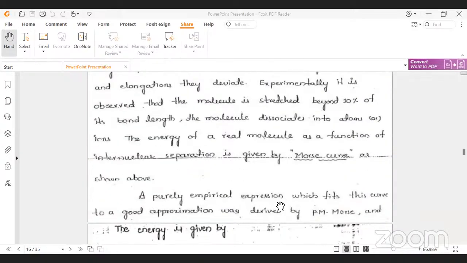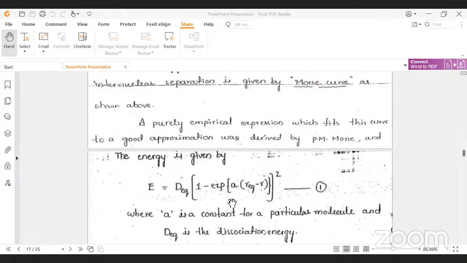A purely empirical expression, which fits this curve to a good approximation, was derived by P. M. Morse and is called the Morse function.